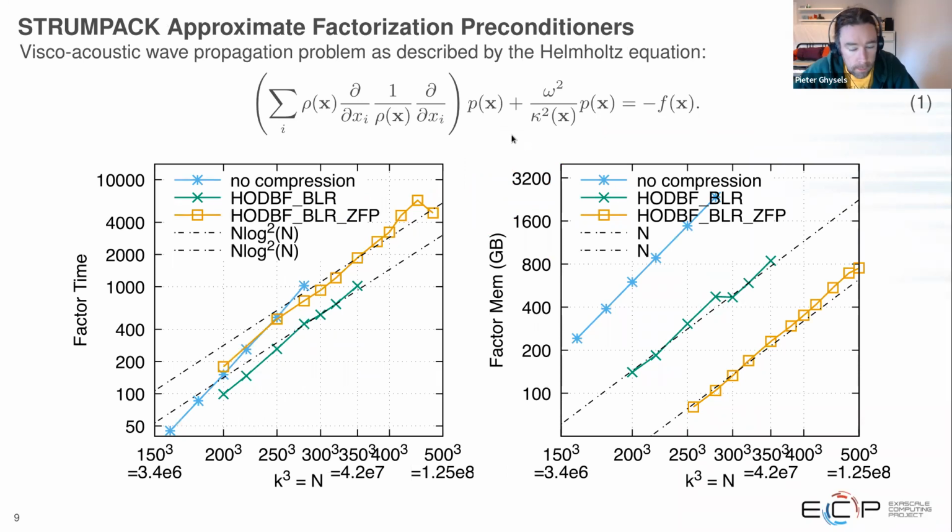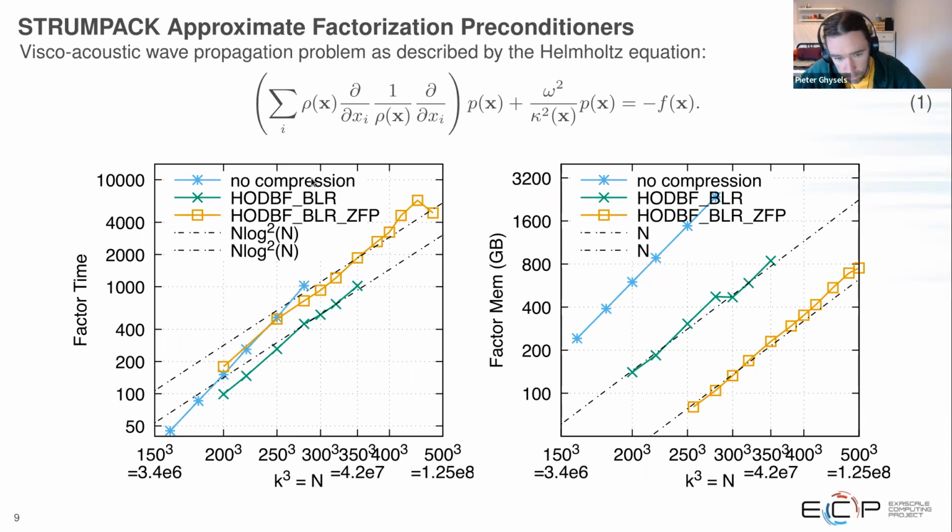And then this is just one slide to illustrate the capabilities of the preconditioners in STRUMPACK. So we solve this viscoacoustic wave propagation problem described by this Helmholtz equation on a regular 3D mesh. And here on the x-axis, you see the mesh size ranging from 150 cubed all the way up to 500 cubed. If we solve this using an exact sparse solver, that's the blue line, that's just no compression.